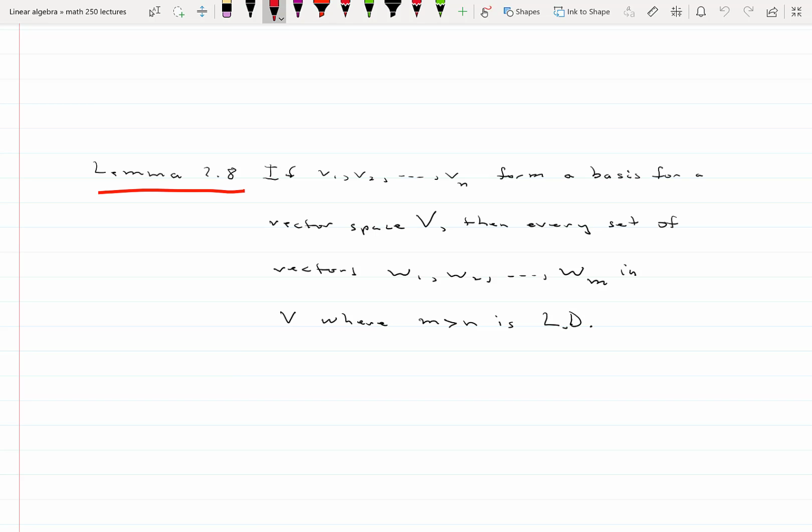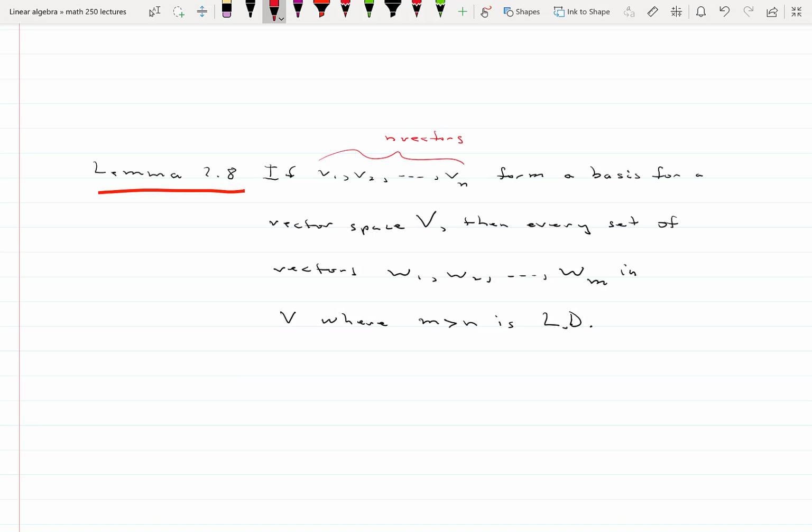So if V1 to Vn, n as in Nancy, form a basis for a vector space V, that means we happen to have n vectors that form a basis for a vector space.